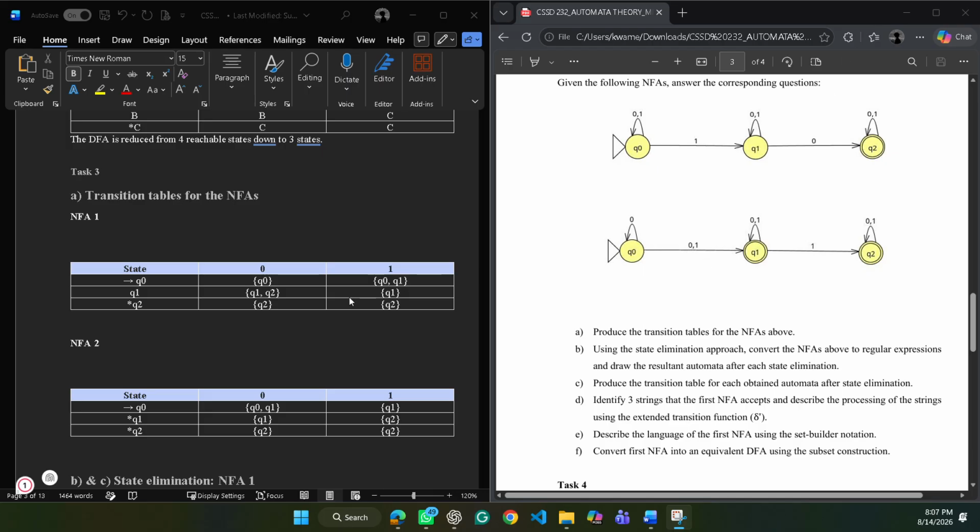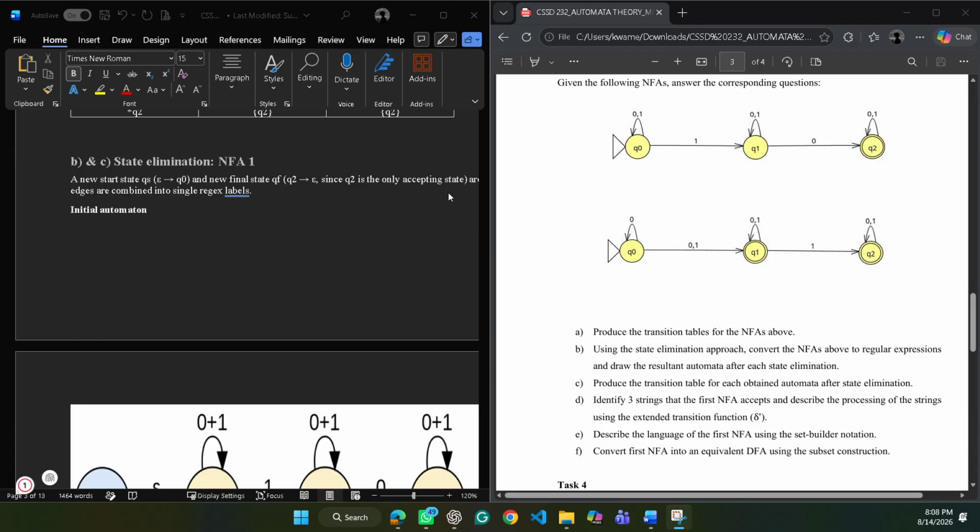That is just the notation you'll be using. For the transition table, it is also represented using a set of sets because multiple states can be possible after reading an input. It's just the same thing that we did, so I will quickly go to part B for us to continue.